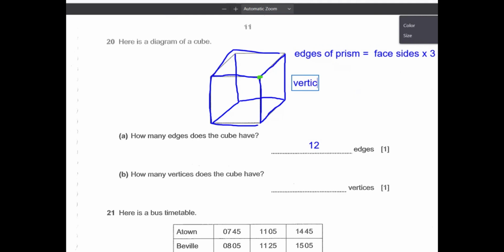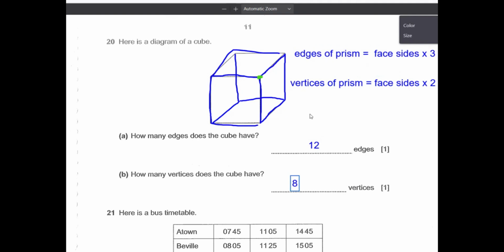Vertices of prism equals the face sides multiplied by 2. So it has how many vertices? 4 times 2, 8. Yes, it has 8 vertices.